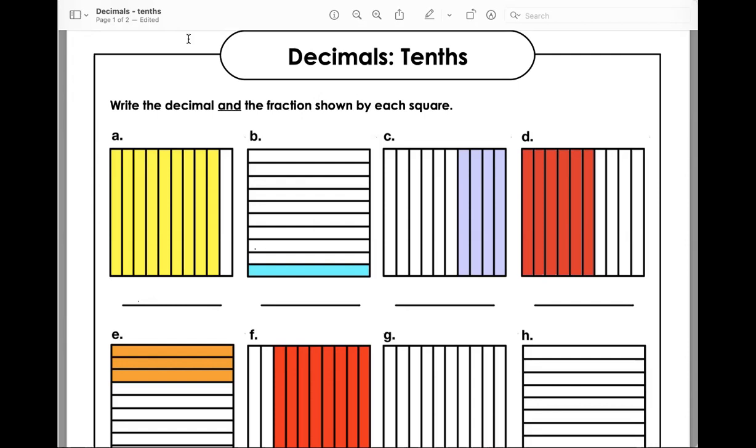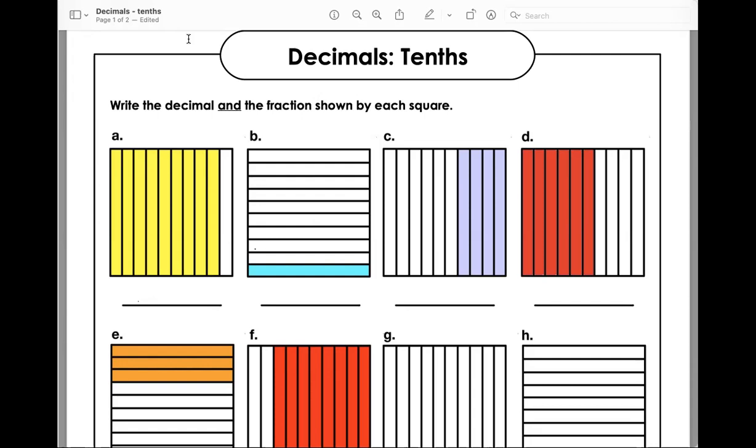Simply, we need to count up all the yellow slices or parts, and we want to know how many parts there are altogether, and then we write that as a fraction. If you're already familiar with fractions, you get what I'm saying. The top number is the numerator. That's how many parts are shaded in the picture.